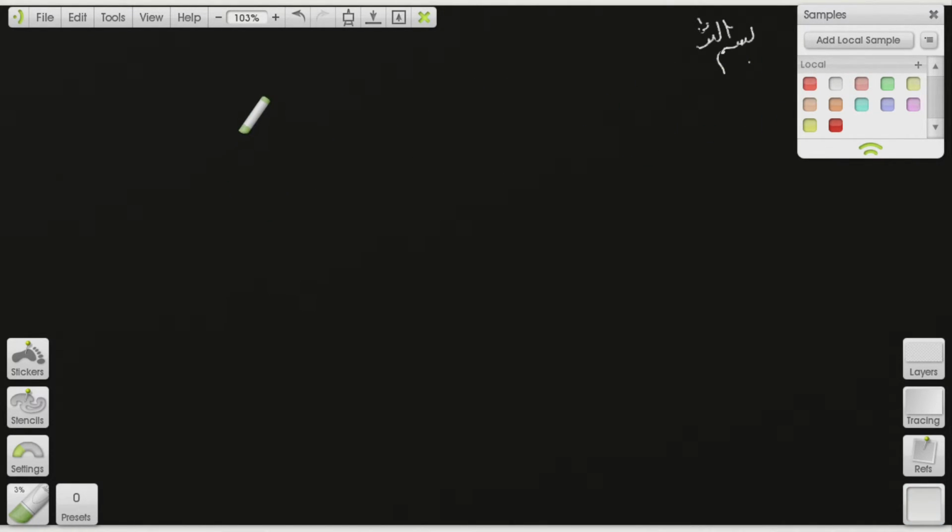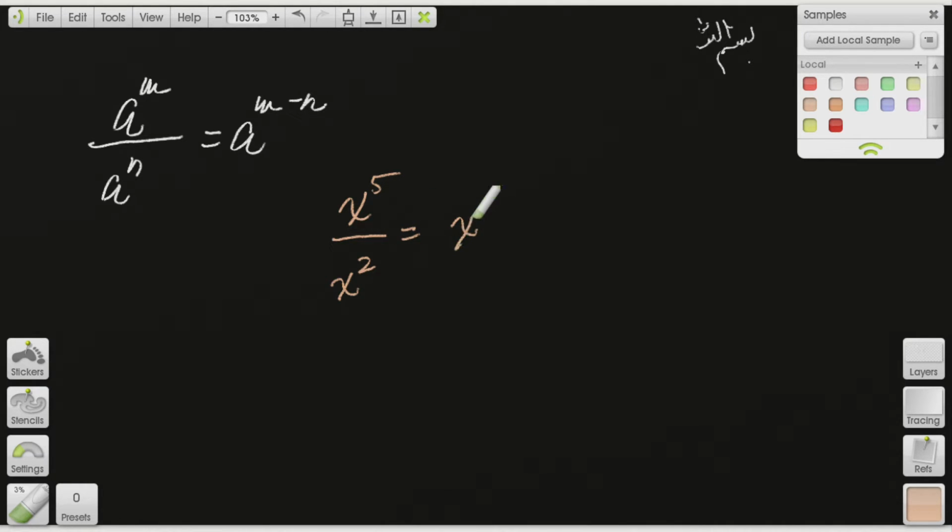Now, here's the second to the last. This is the last rule, actually. This rule is like this: a to the m over a to the n is a to the m minus n. Okay, that's this rule. This is x to the 5th over x squared is x to the 5 minus 2, which is x to the 3.